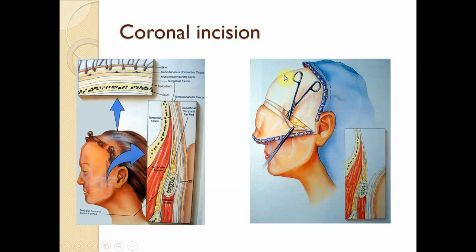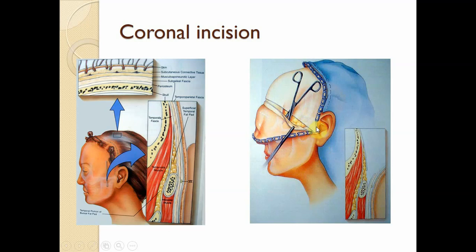In that case, head injury is suspected and hematoma may be present. So in fractures like Le Fort 3, or Le Fort 3 with zygomatic complex fracture, we use this bicoronal incision.